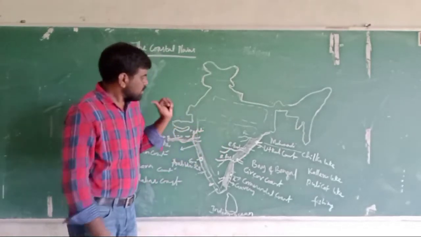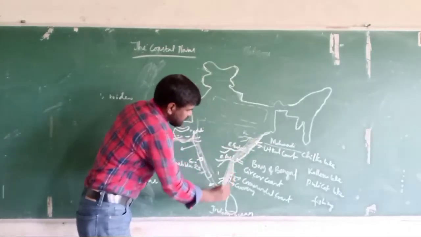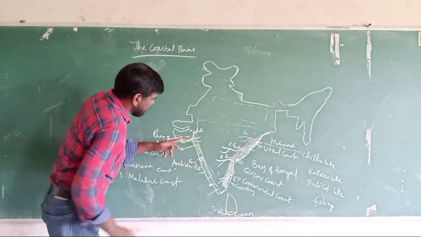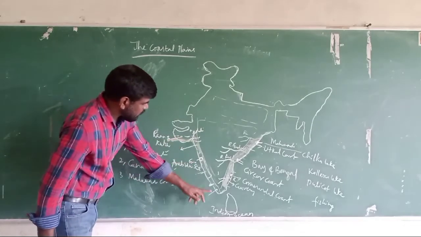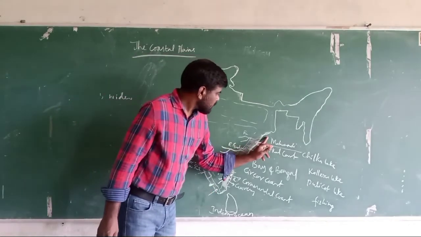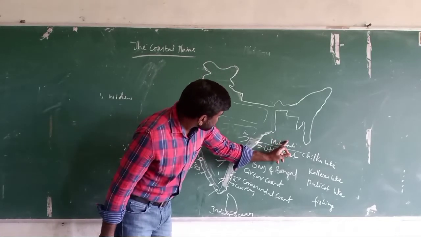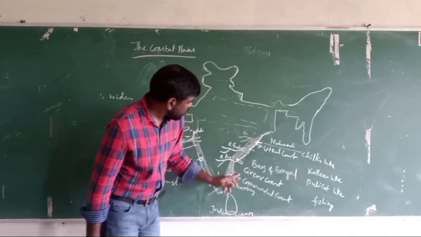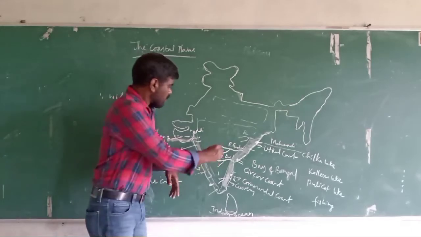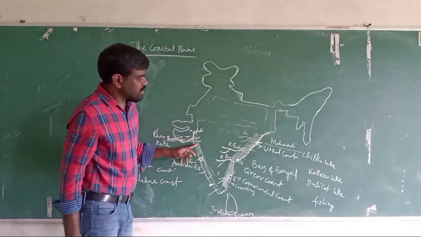Once again, these western coastal plains and eastern coastal plains. The western coastal plains start from the Rann of Kutch in Gujarat to Kanyakumari in the south, and the eastern coastal plain starts from Mahanadi in Orissa to Kaveri in Tamil Nadu. Eastern coastal plains are wider than western coastal plains.